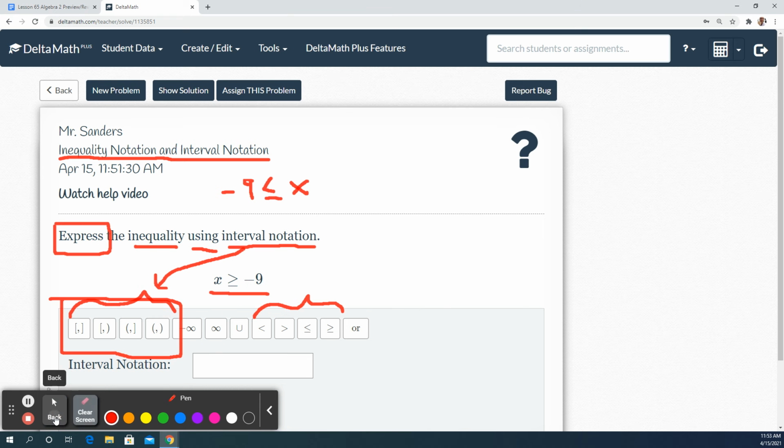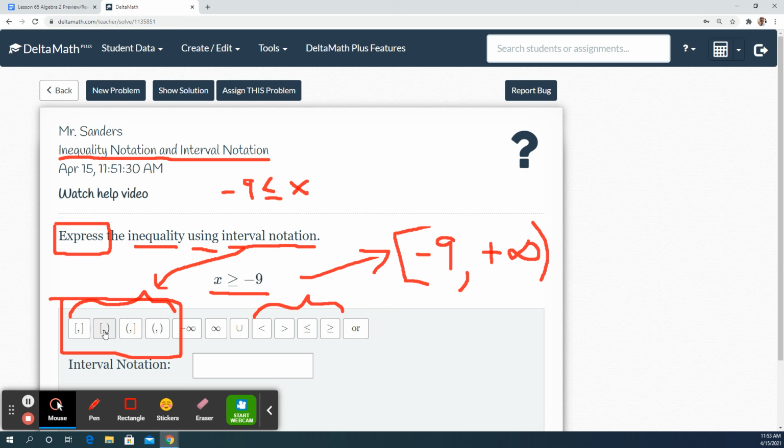All right, so that means, I'll just write it out here. -9 is our starting point. We are including it, that means a bracket, and it's all the numbers bigger than -9. So we have to kind of rearrange it when we write it in the interval notation. So it keeps on going to positive infinity, and it never stops.